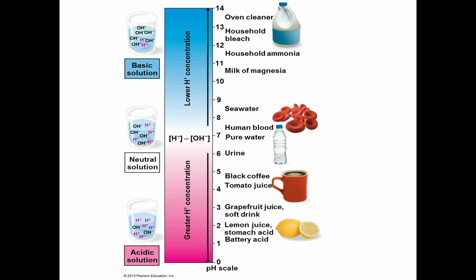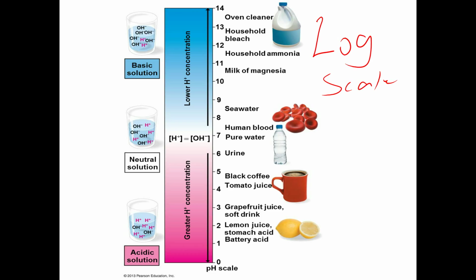In terms of increments, it appears like it's going from 7 to 8 to 9 to 10 to 11, 12, 13, 14, and it is. But in reality, this is a logarithmic scale. It is a base 10 scale.